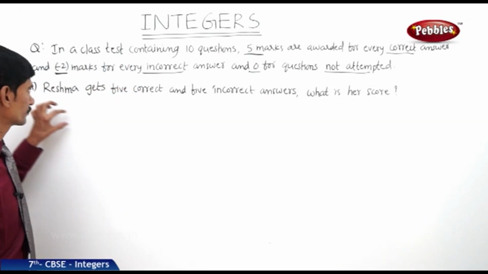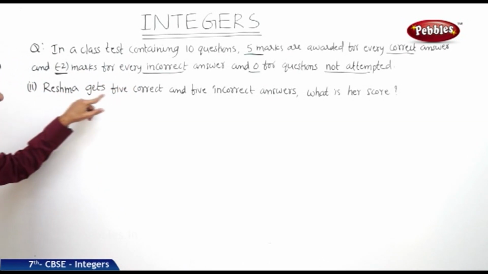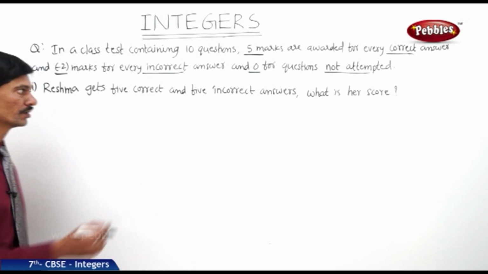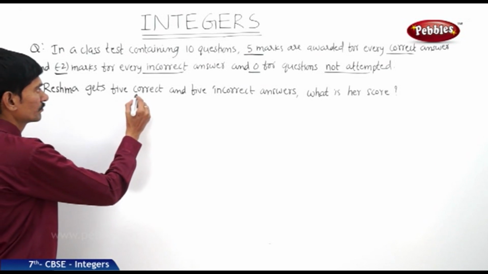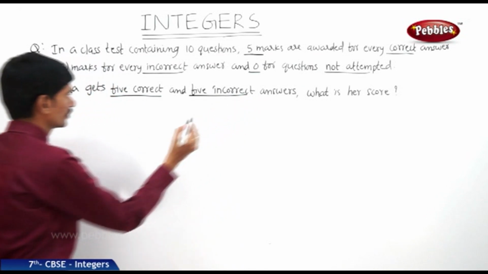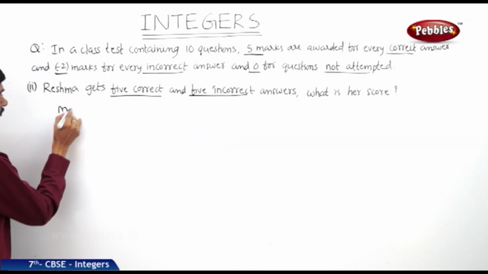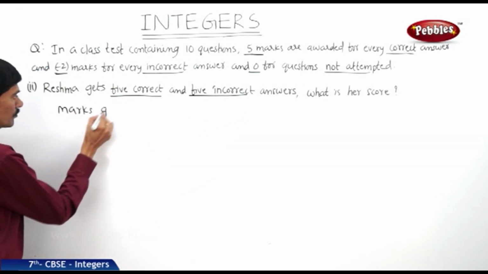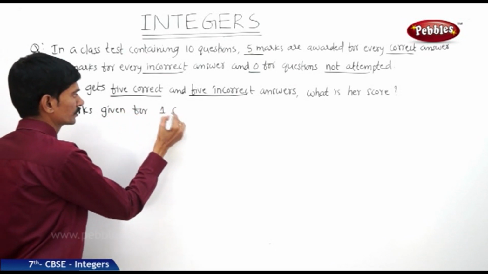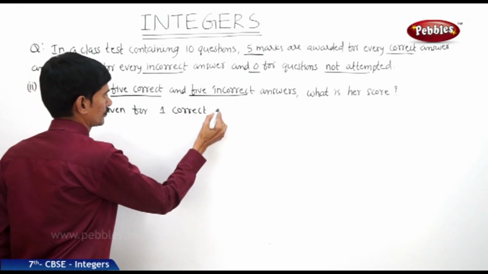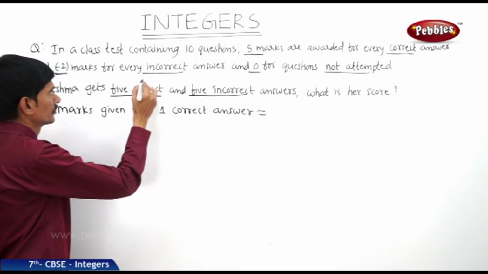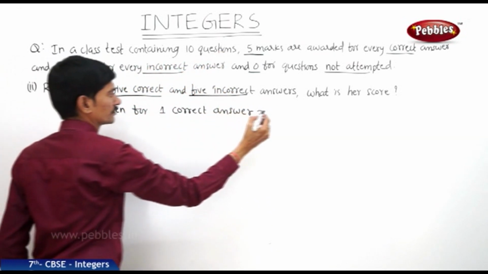Now let us see the next question in this. Reshma gets 5 correct answers and 5 incorrect answers. Then we have to find her score. Now how many did she attempt correctly? So 5 correct answers and 5 incorrect answers. Now marks given for 1 correct answer equals 5 marks.